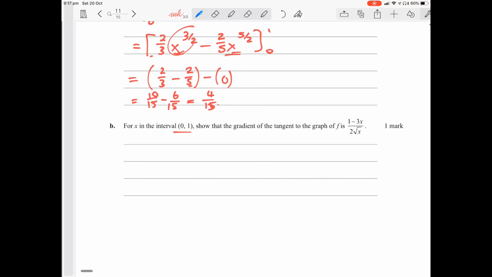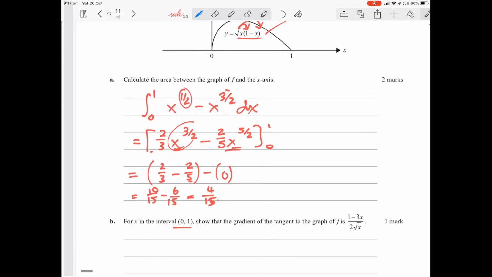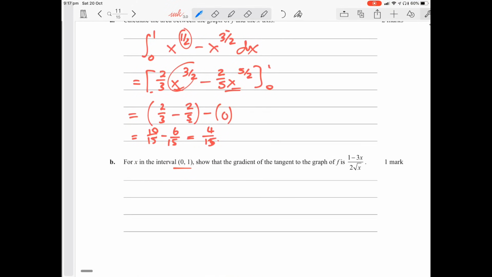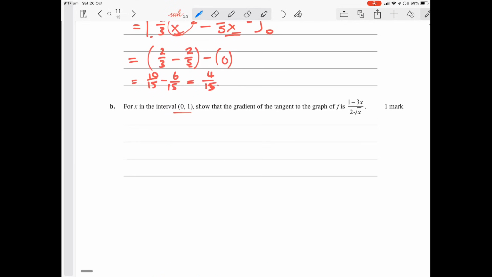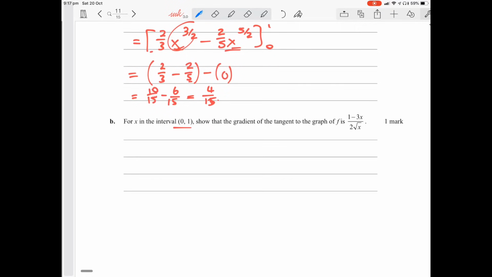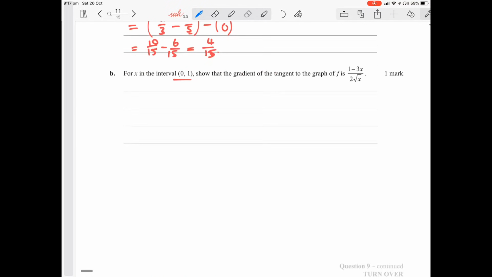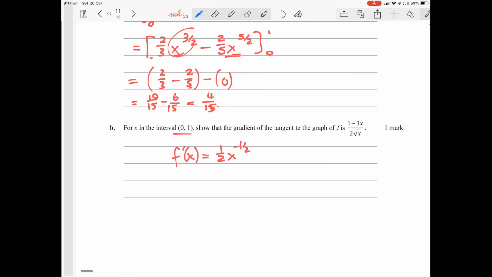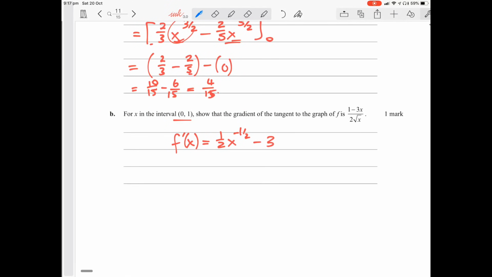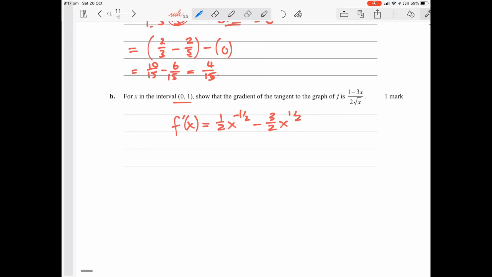Okay, for the interval from 0 to 1, show that the gradient of the tangent is given by that. So I've got to derive it. We could use product rule, or we could just use that rule. f dash of x is 1/2 x to the negative 1/2 minus 3/2 x to the half.